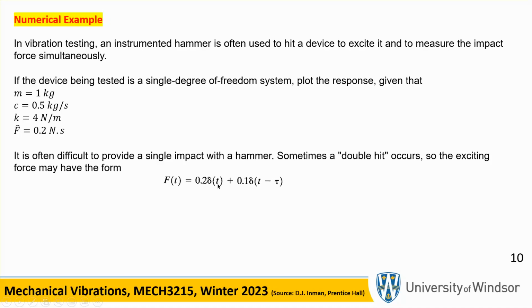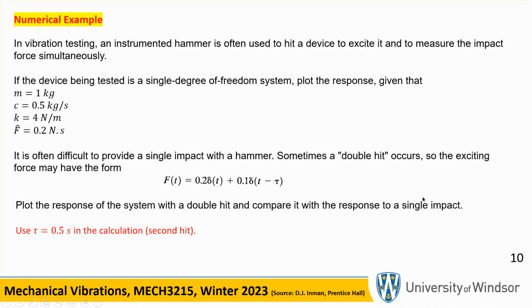Now, very often you hit it one more time after so many seconds, after tau equal to half a second, 1 second, 2 seconds. Maybe lighter, not as hard, and essentially your force is made of two pieces: the initial hit and the latter hit. It's called a double hit.